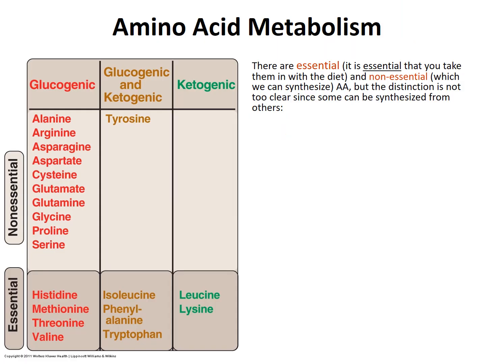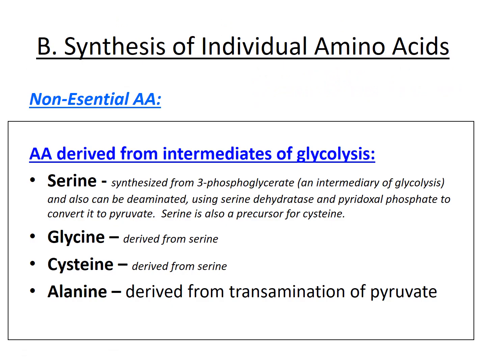Now, we are going further to look into how can we synthesize some amino acids. Again, just a reminder that we only can synthesize non-essential amino acids. Very quickly, non-essential amino acids can be synthesized when the carbon skeleton can be taken out from other processes.